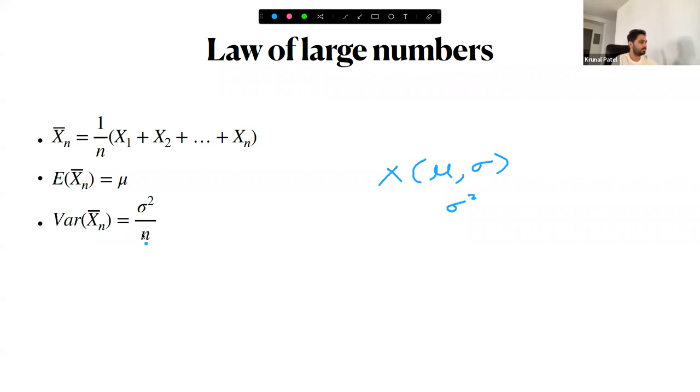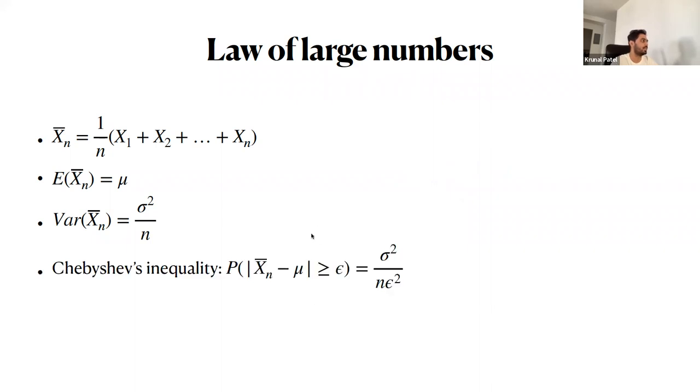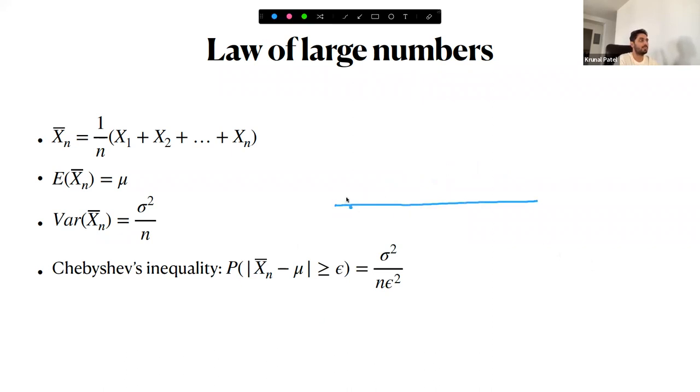Okay. Before we see the law of large numbers, we have something called Chebyshev's inequality, which is basically saying the same thing, right? So we have this random variable.